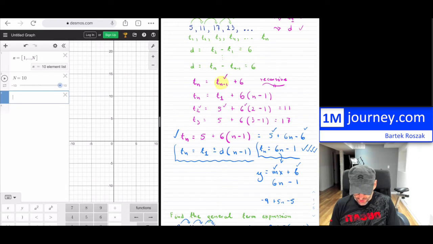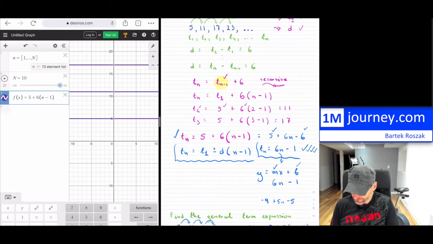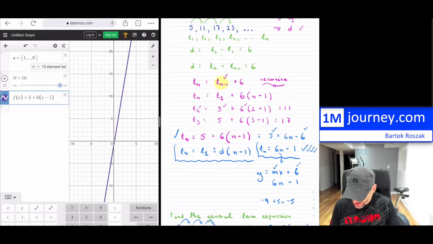Now, to plot this, let's say I plot it as a function, so f at x equals 5 plus 6 times n minus 1. This n is x, okay? So far this is what I see.